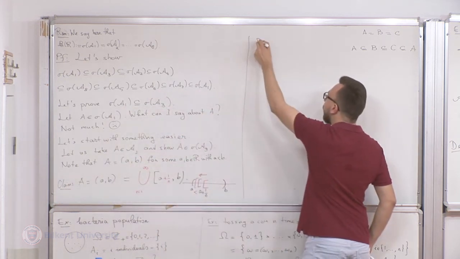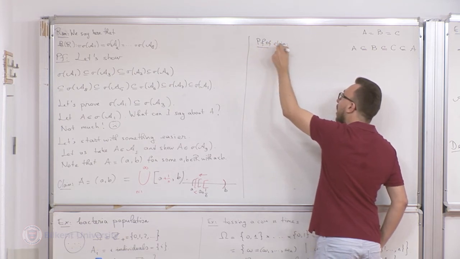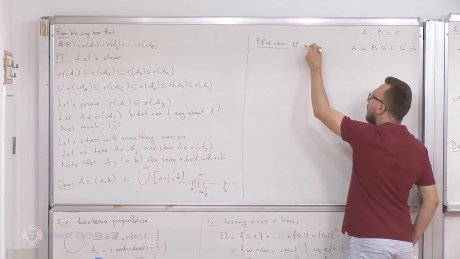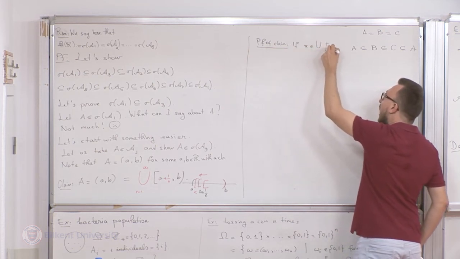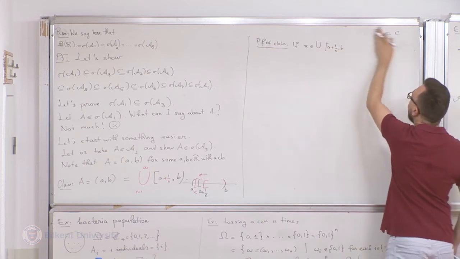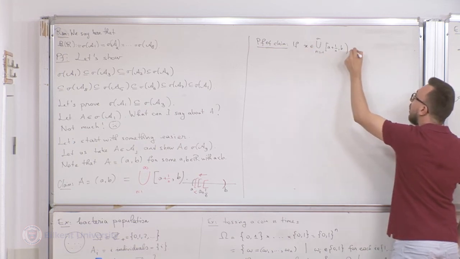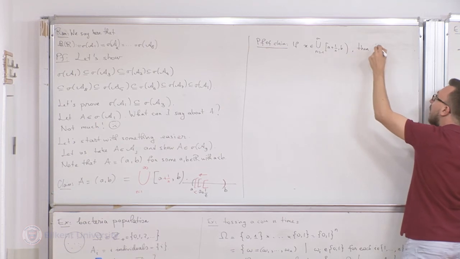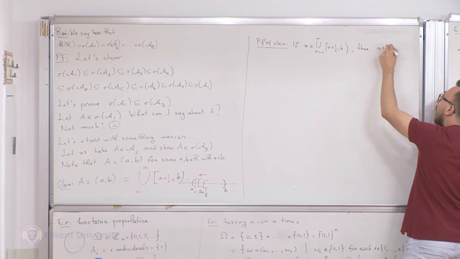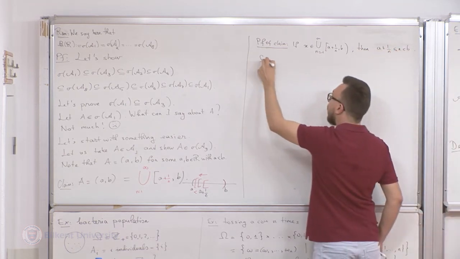And now the proof of the claim. So if X is in the union of A plus 1 over n to B, then X is between A plus 1 over n and B for some n.